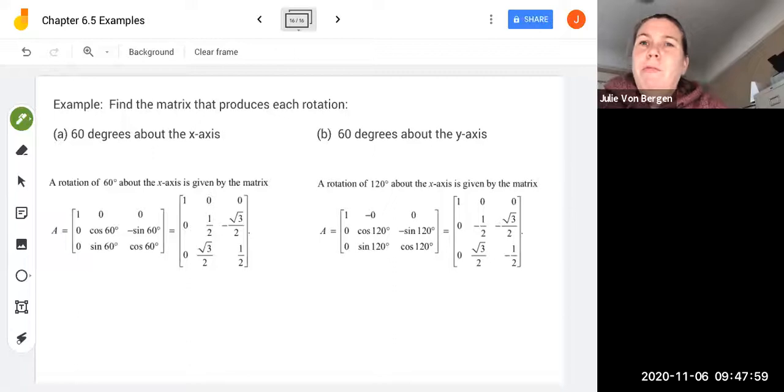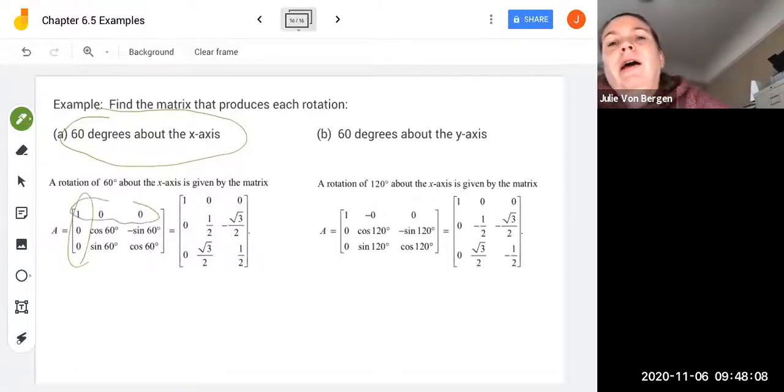So we're going to find the matrix for a rotation 60 degrees about the x-axis. So this is a matrix where we've got 1 in the first row, first column, and then zeros in the other places in that row and column. And then in our cosine theta, negative sine theta, and sine theta, cosine theta positions here, we put in 60 degrees.